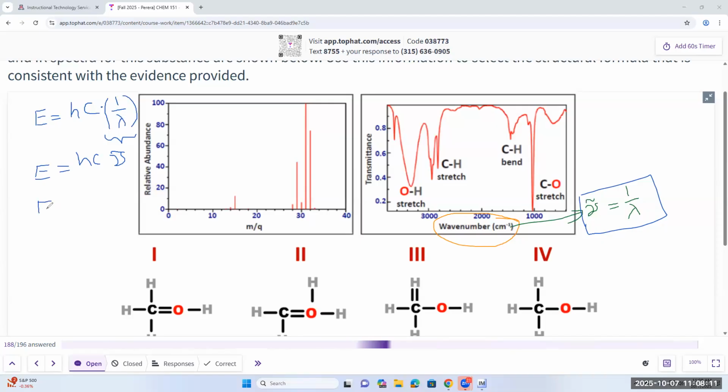What this tells us is energy is directly proportional to the wave number. Higher the wave number, higher the energy. Just like the frequency. Higher the frequency, higher the energy. Just like that, higher the wave number, higher the energy. This is something that we can actually quickly derive from this.